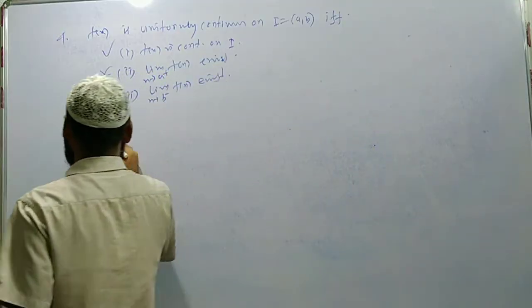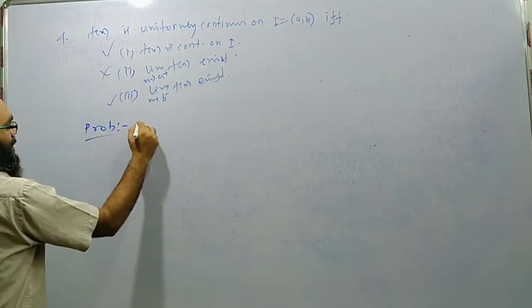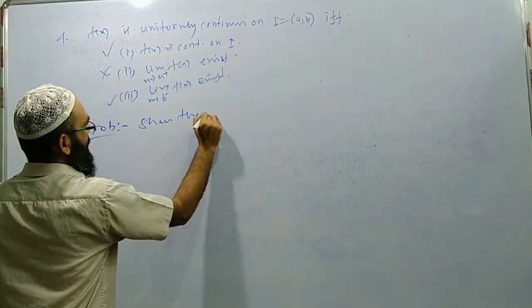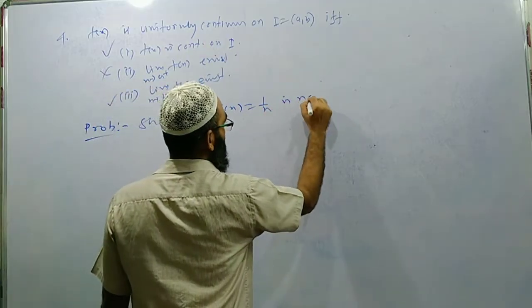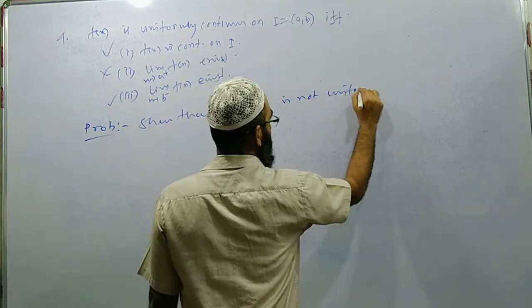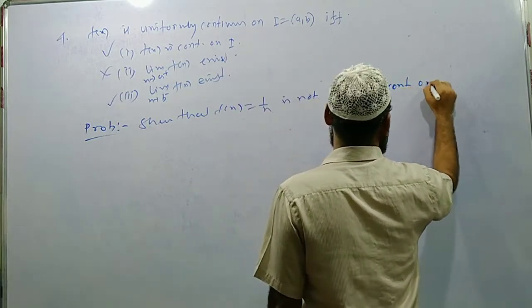For example, taking it as a problem, show that f(x) equal to 1 by x is not uniformly continuous on the open interval (0, 1).